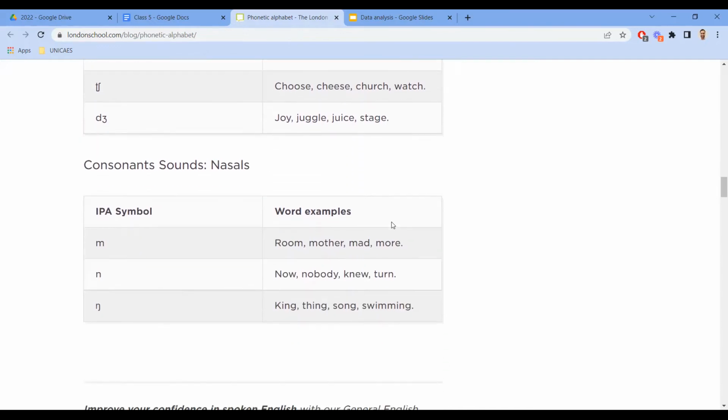And then we have more, and I'm not going to talk about all of them right now. As I said, it's not a phonetics class, but it's just as a reminder. The nasal sounds, the m, the n and the ng, right? The last one is always funny to pronounce, but it's normally the sound that we use when we add ing to the words, or ng or nk sometimes.